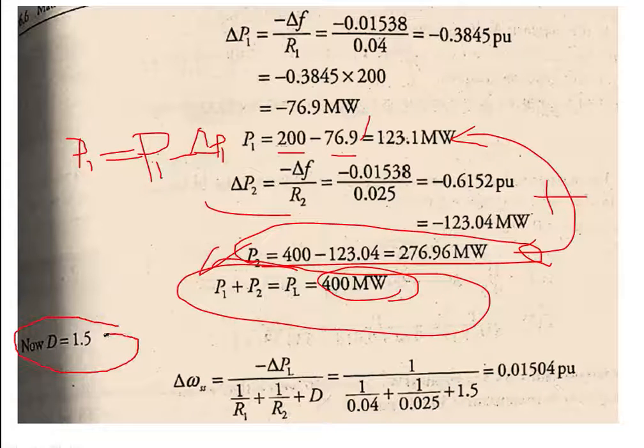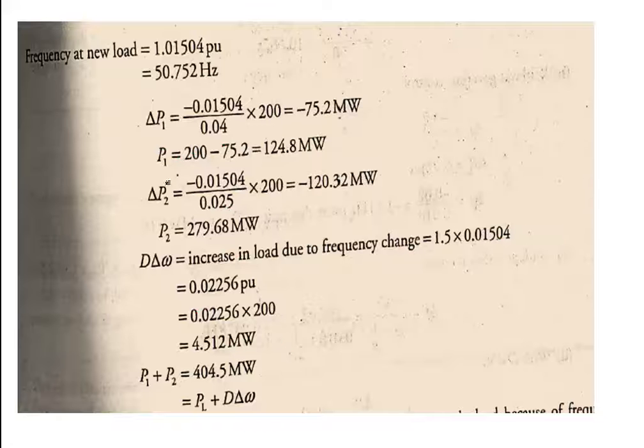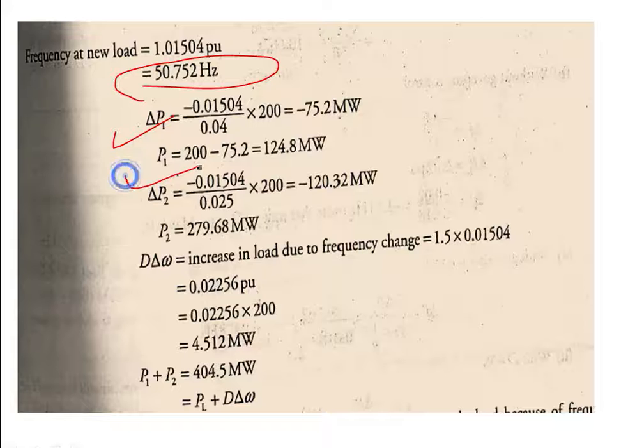If D equals 1.5, the value of load changes, that is D is present, then the equation will become different. The rest of the coefficients are the same, only you have to substitute D as 1.5. Then we get the new values. That will be done here, calculating the values, same frequency, same formulas we have to use.